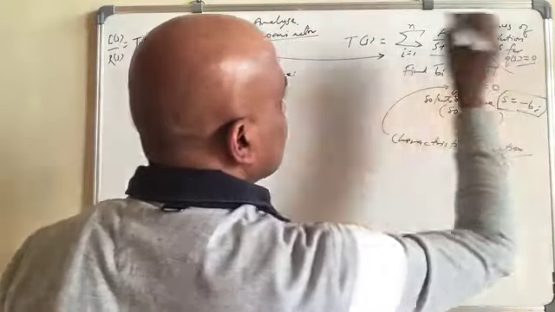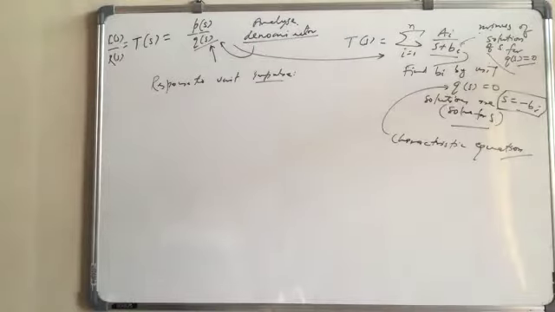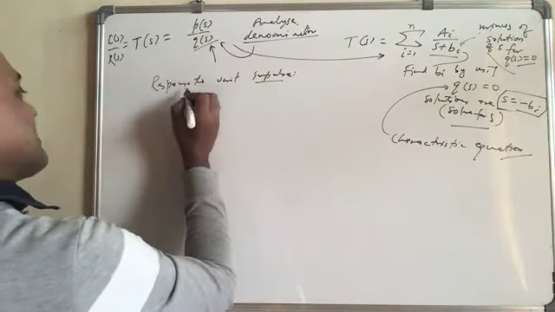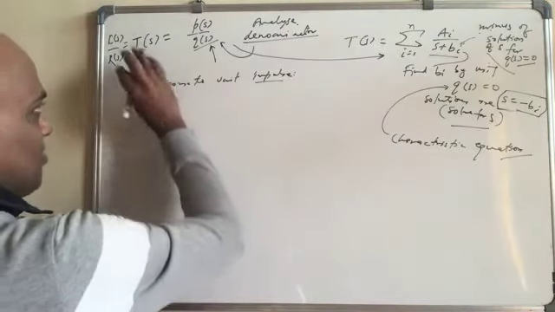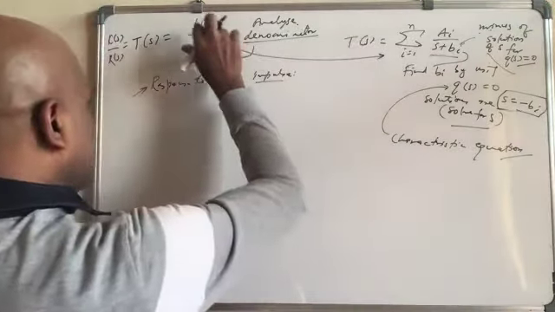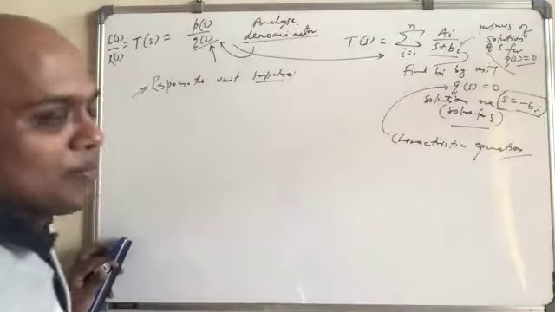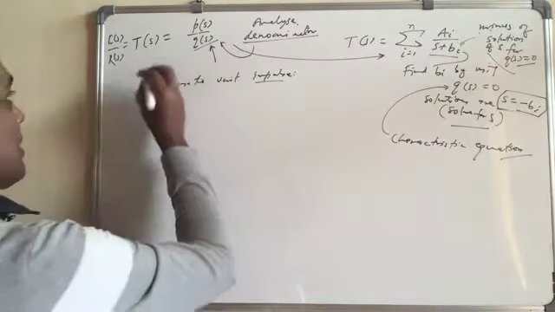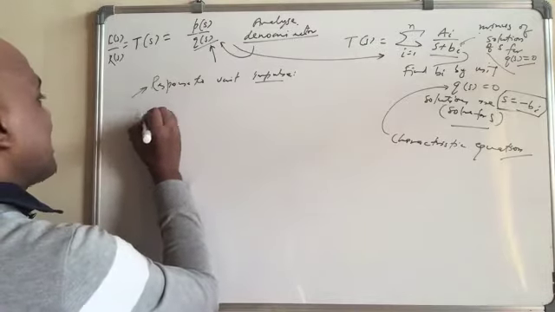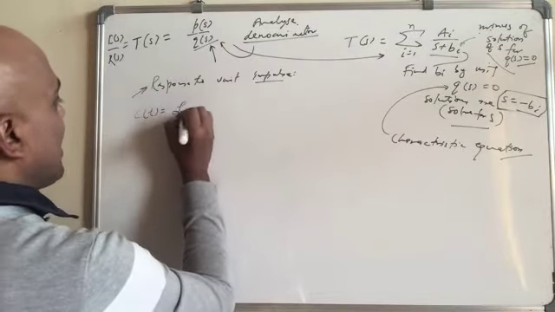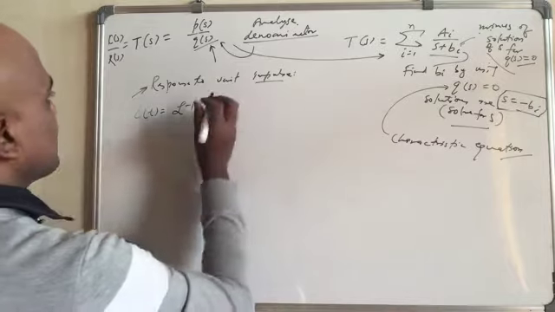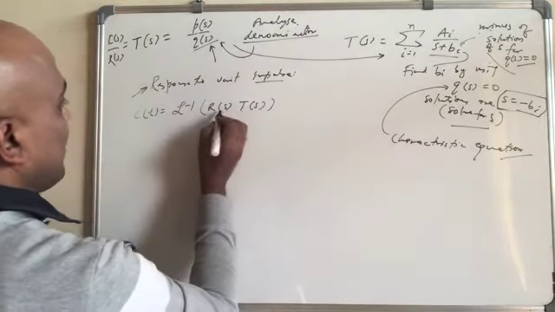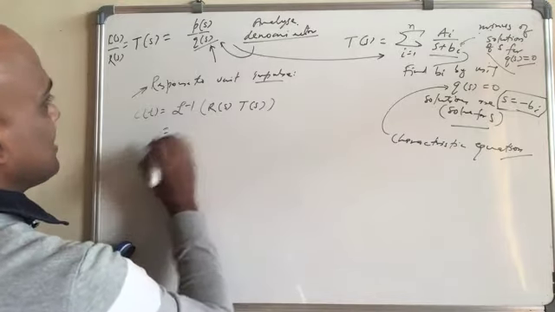Now, if you are told to find the response to a unit impulse for this system, how will you find it? We simply find c(t) equal to L inverse of R(s) times T(s). R(s) equal to 1 in that case, unit impulse.